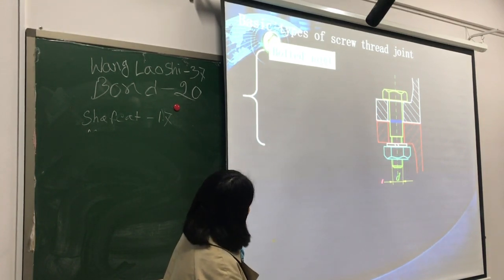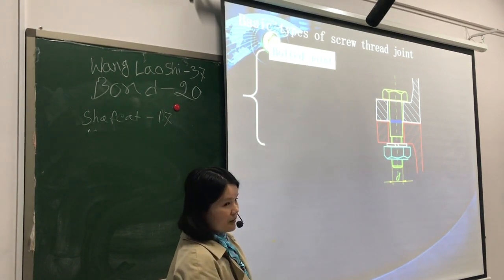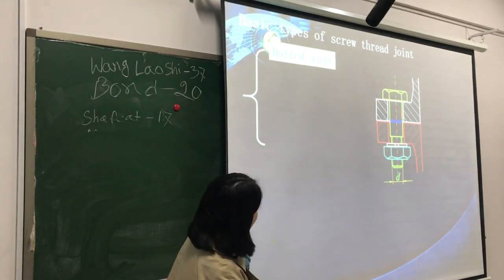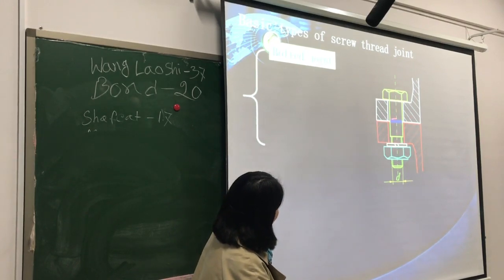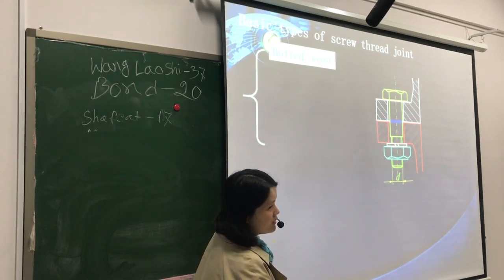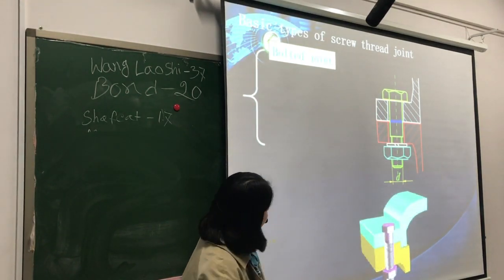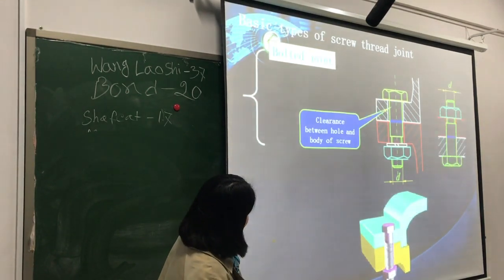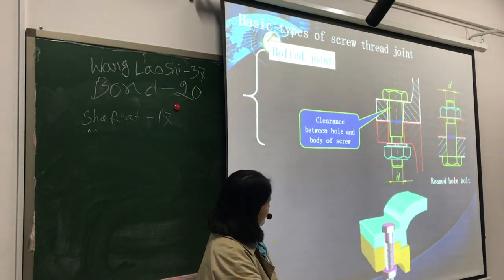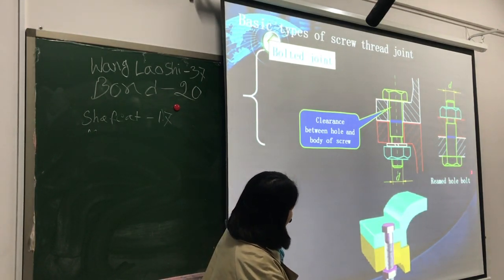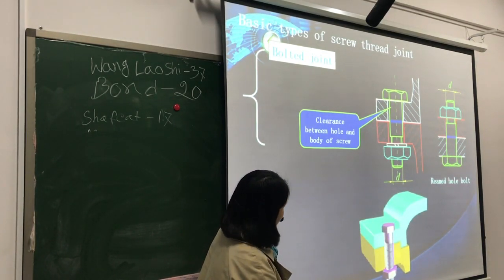This is the ordinary bolted joint. Between the bolt shank and the hole, there is a clearance, like this. And this is the reamed hole bolt, and there is no clearance.